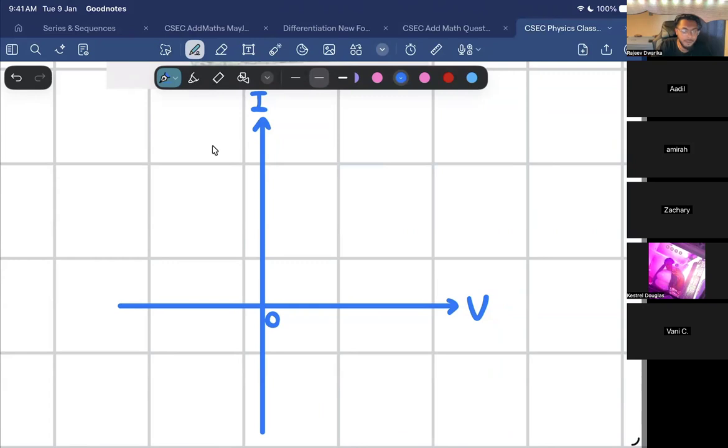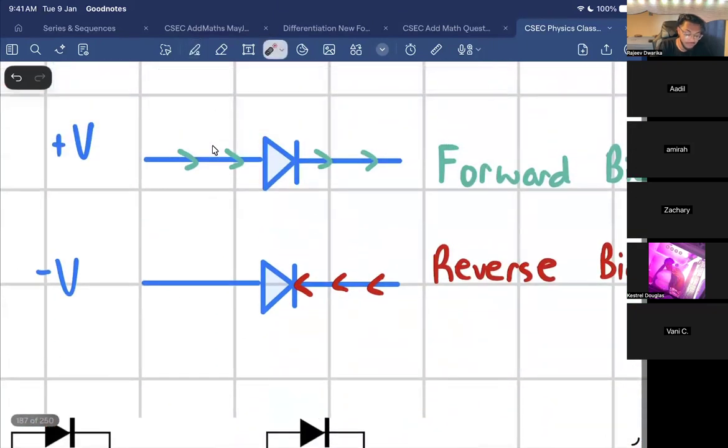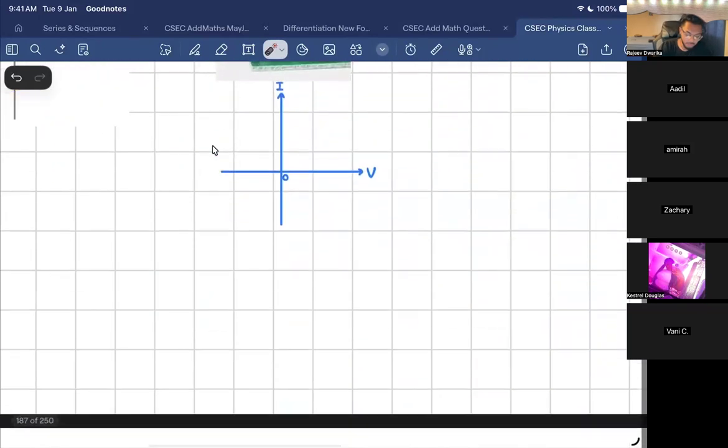If it doesn't allow current to flow through it, then where's the current passing through it? Wait, think about it, guys. Is any current getting to pass through this? No, sir. No current is passing through it. What would represent no current? 0. Right.